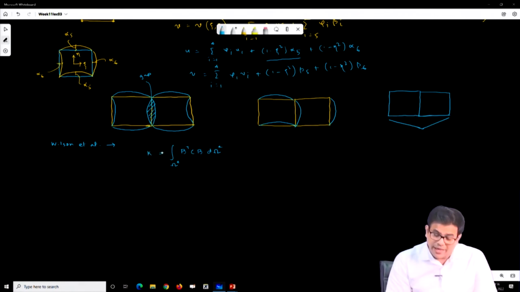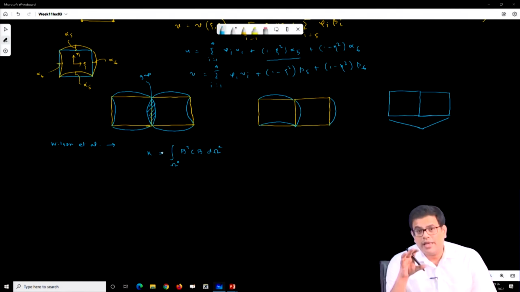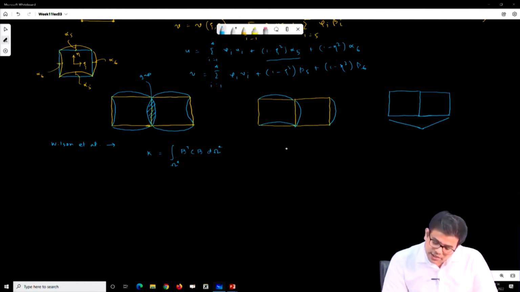Now in this stiffness matrix, since there are four additional constants in an element, naturally my strain displacement matrix will now be a 3 cross 12 matrix. So if I write my strain displacement matrix B, it will come like this: B1, B2, B3, B4.